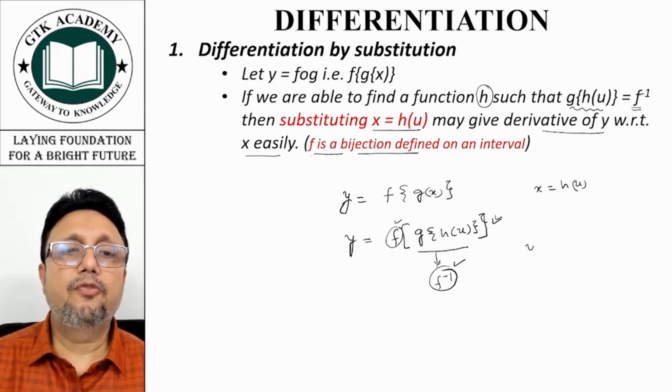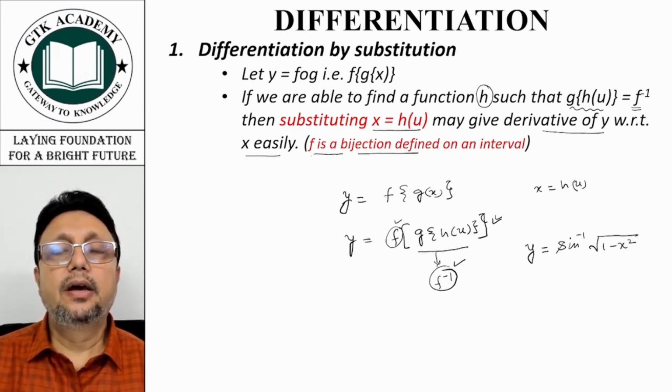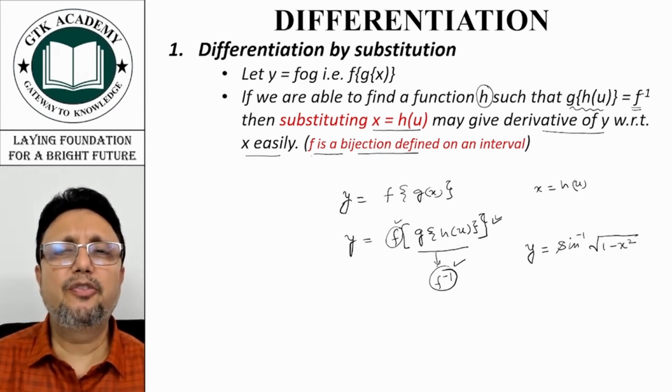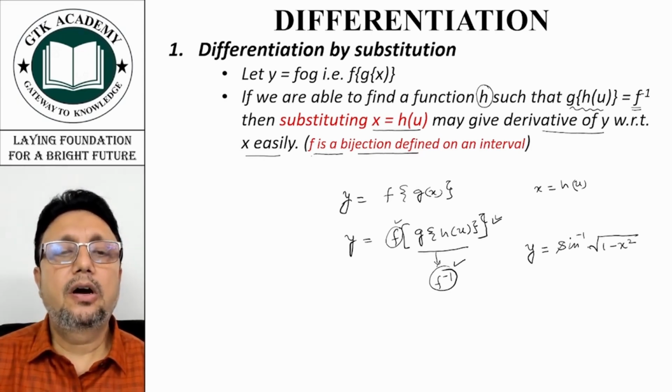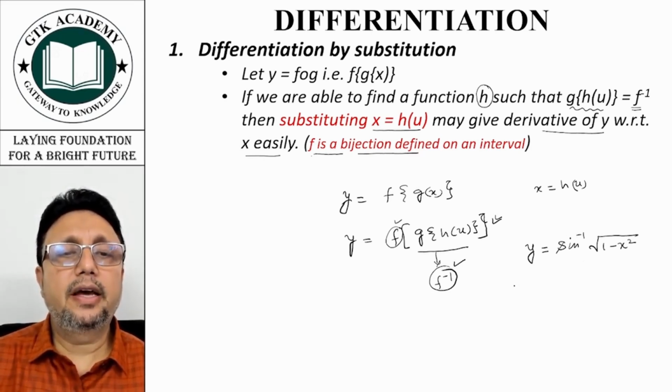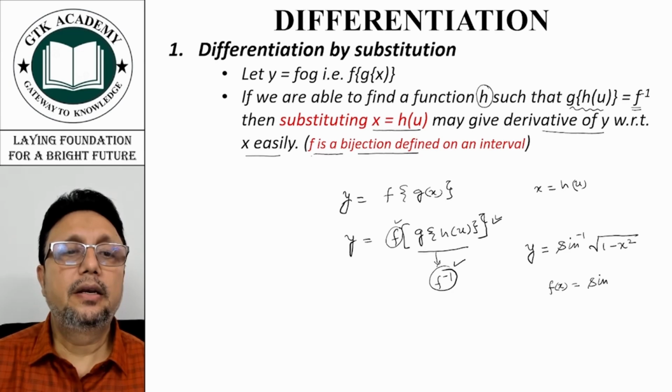Suppose we have y = sin⁻¹(√(1 − x²)). Now if you want to differentiate this, you can differentiate by normal methods also, but it will take a couple of steps. However, you can write it like this: say f(x) = sin⁻¹x and g(x) = √(1 − x²).